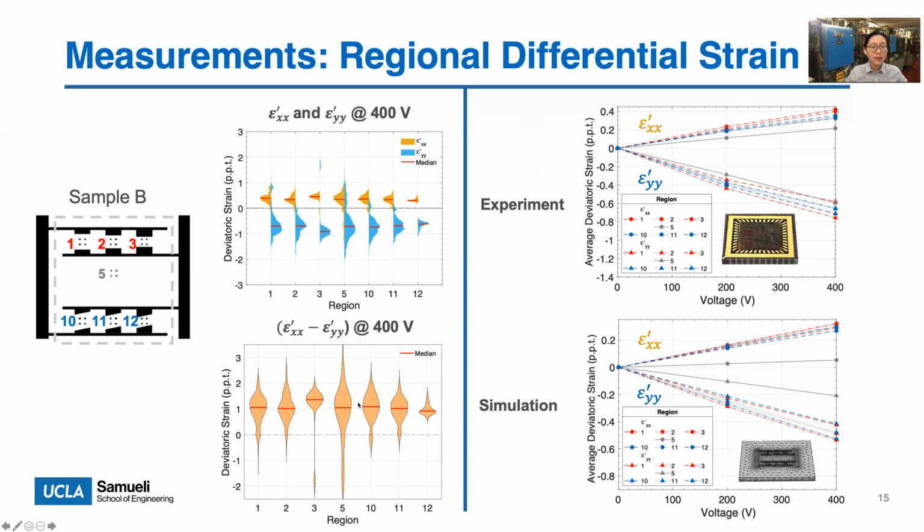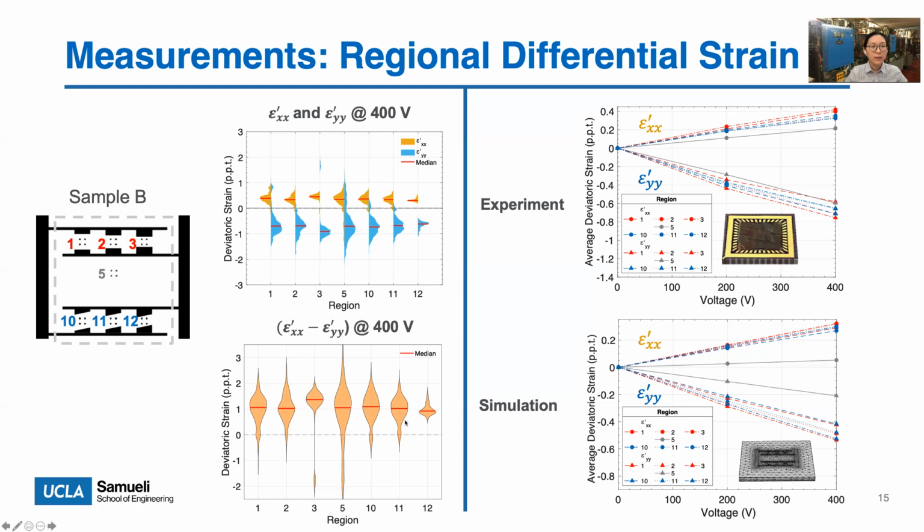So one observation is that even though the averages of this so-called deviatoric strain, or the strain difference, are all around 1,000 ppm, we still see a wide distribution in those strain values according to those volume plots.